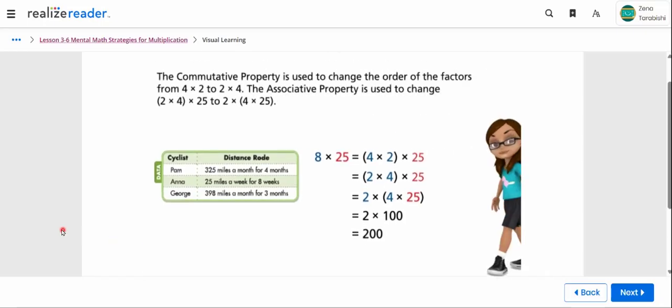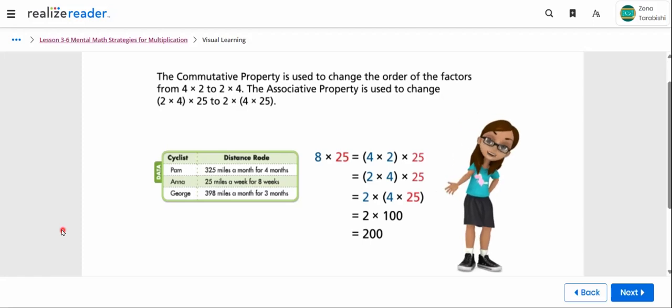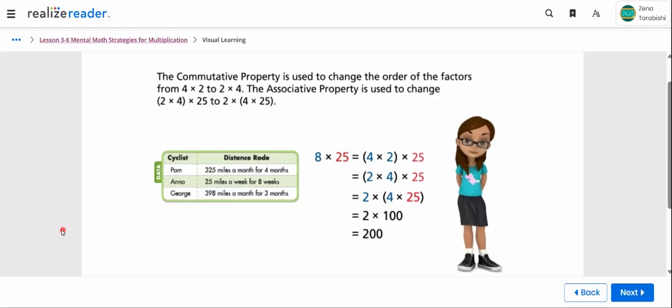The commutative property is used to change the order of the factors from 4 times 2 to 2 times 4. The associative property is used to change 2 times 4 times 25 to 2 times 4 times 25. Now you know how to multiply mentally.